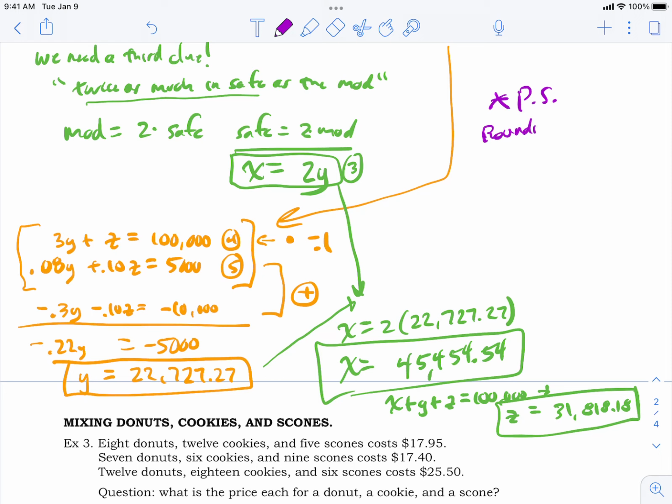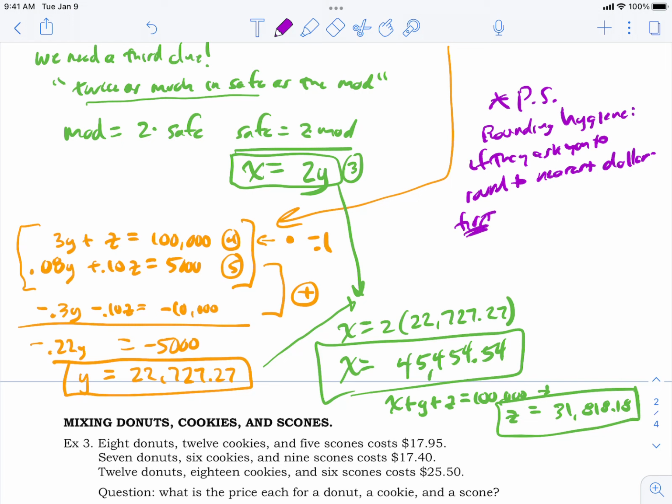Now let me put a big PS up here. Rounding wisdom, rounding hygiene. If they ask you to round to the nearest dollar, what does that mean?